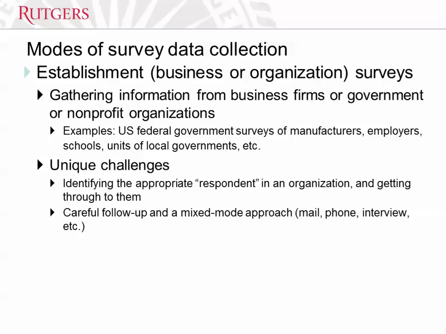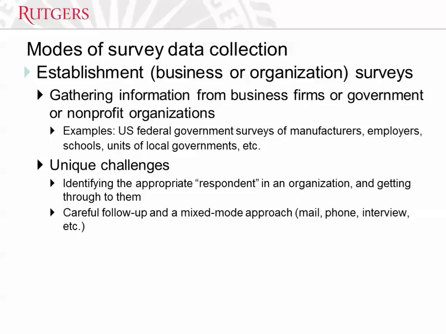So one of those challenges is what the respondent should be. I mean, organizations don't respond to surveys. People do. So who in the organization should represent the organization, and how much do they know, and who's the right person to answer the questions? And it could be several people in an organization that may be needed to provide accurate information.